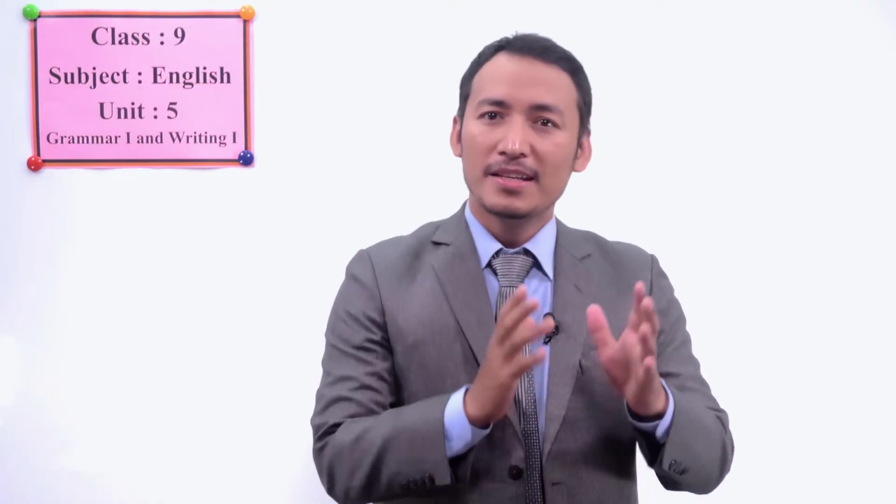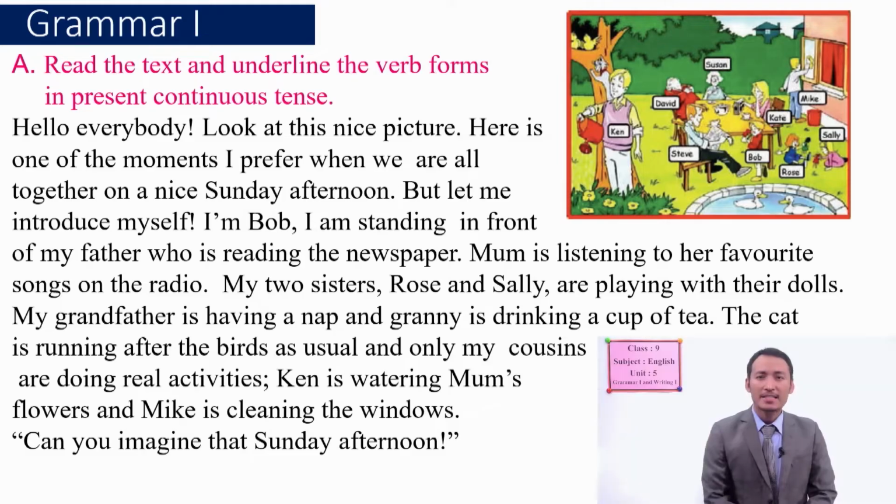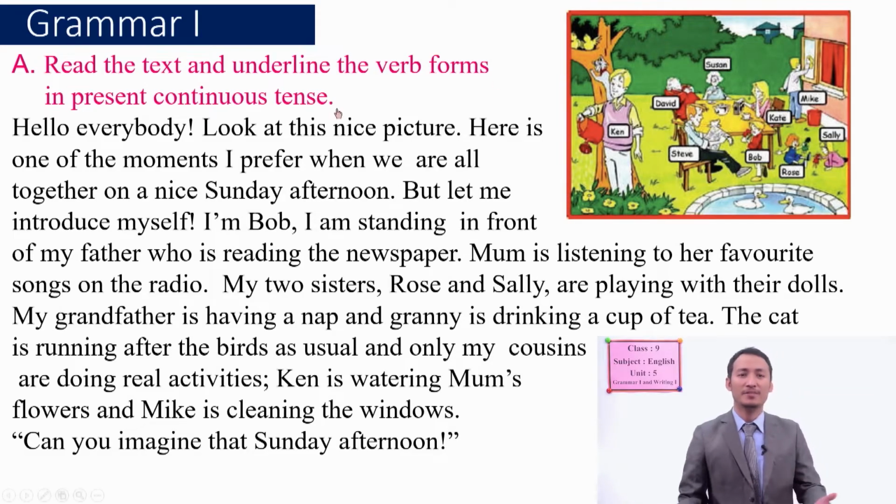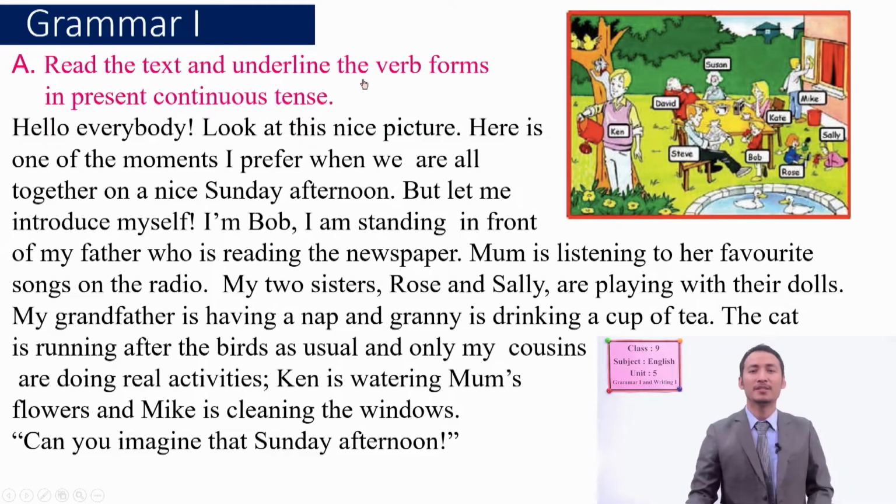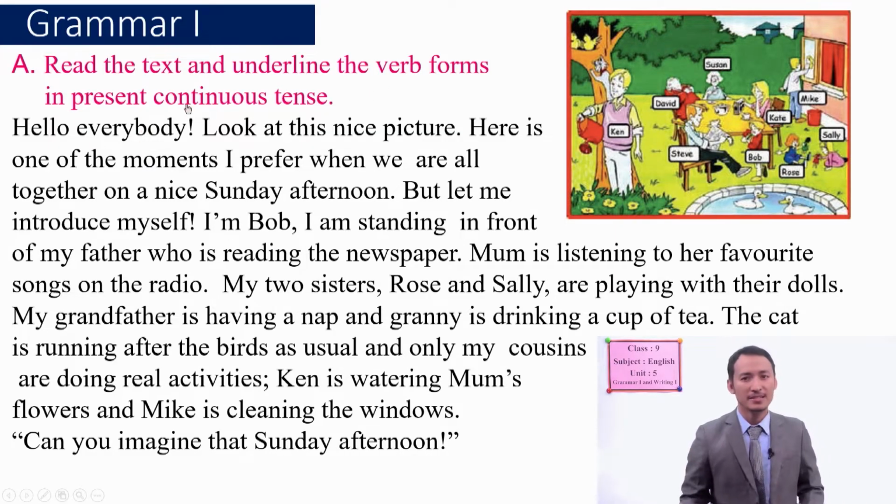In instruction A, you have seen: read the text and underline the verbs in present continuous tense. Okay students, what you are supposed to do is read the text and underline the verbs and their forms that are in present continuous tense.